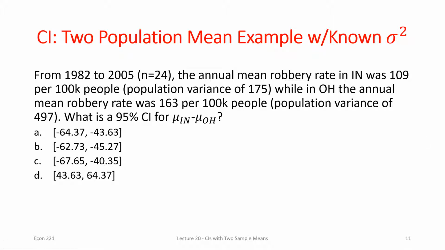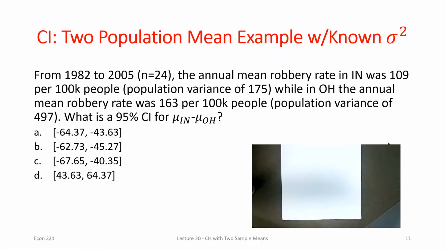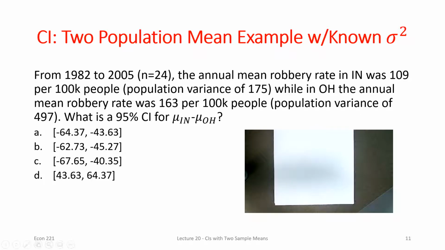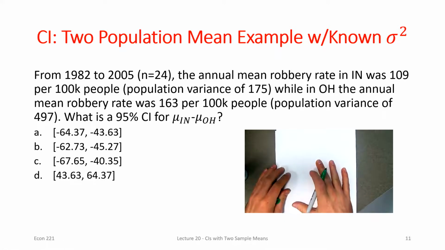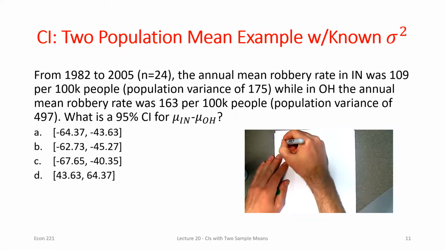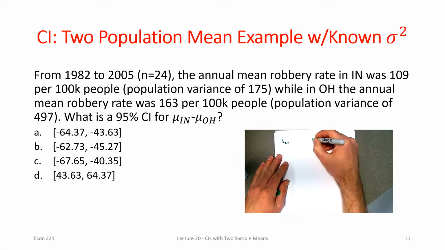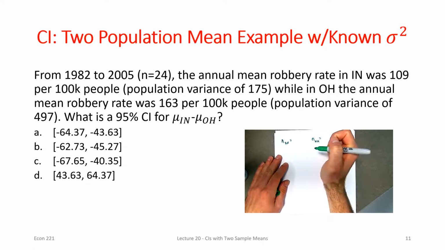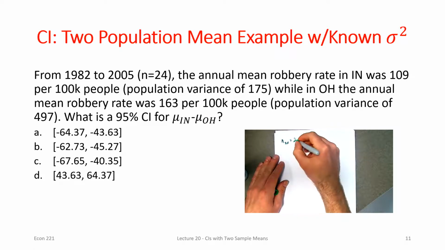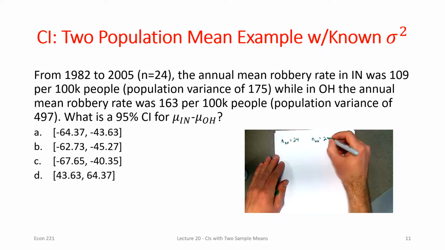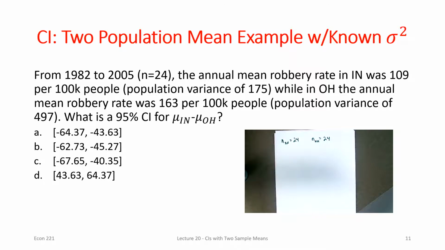So maybe I've got two states here, Indiana and Ohio, and I've got 24 years of data from each state. So this is going to be kind of a unique one in which, if I think about Indiana and Ohio being my two populations, but I've got 24 years of data for each one, so my sample size for each state is 24. Okay.